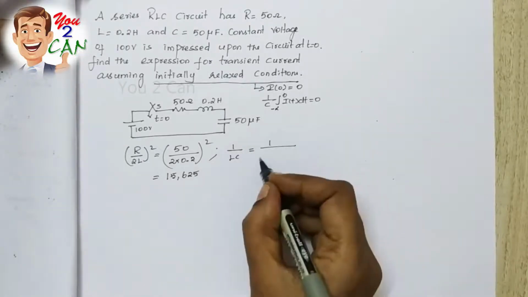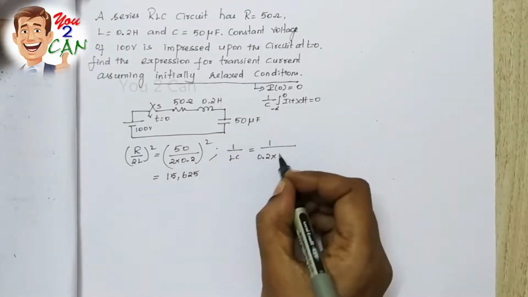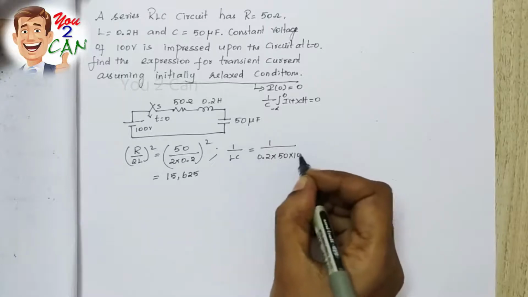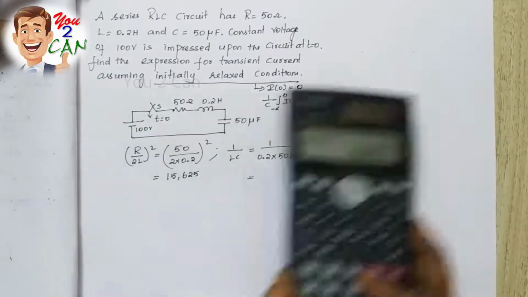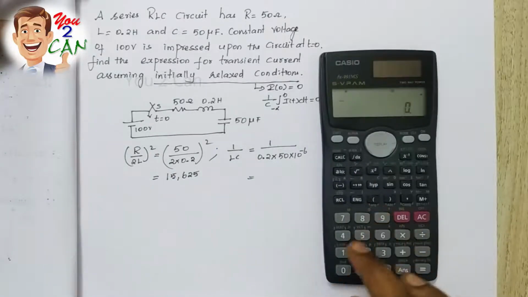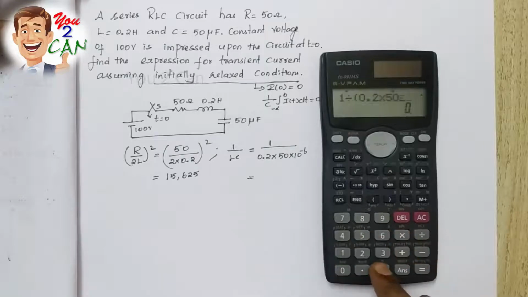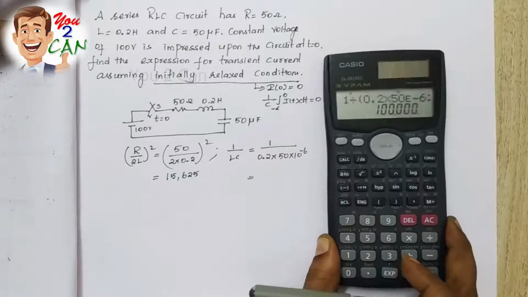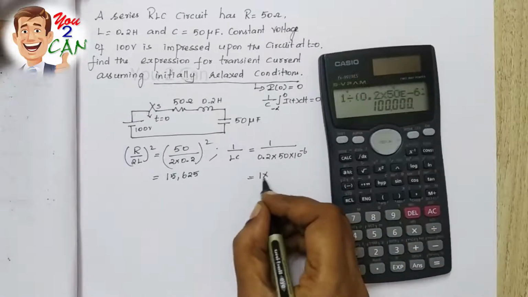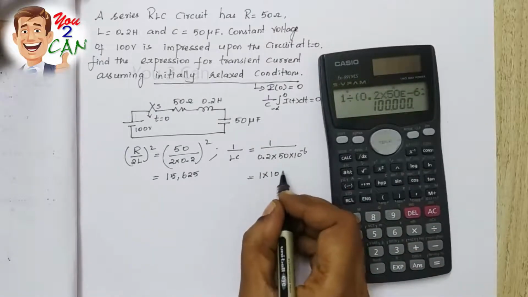Now 1 by LC is 1 by 0.2 into 50 into 10 power minus 6. 1 divided by 0.2 into 50 into 10 power minus 6 will be 1 into 10 power 5.